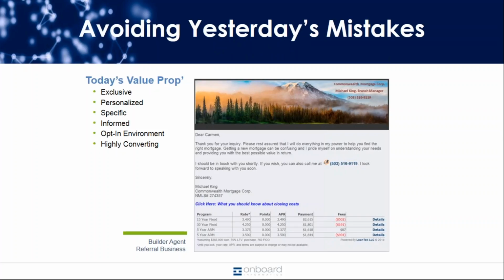Here's an example of today's marketing strategy. This is actually an email that comes out of our CRM. Every other CRM in the universe has some welcome email akin to this that says, "Dear Carmen, I'm a financial professional. You call me, I'll call you." But when we get into that personalized, specific environment in the offer itself, this $366,000 75% loan-to-value purchase loan with a 760 FICO is actually Carmen's specific loan request.